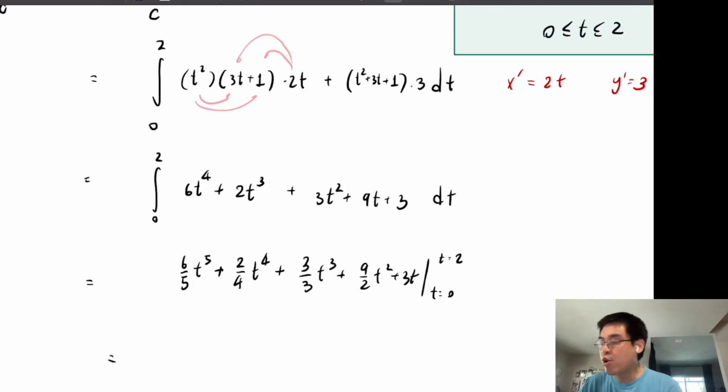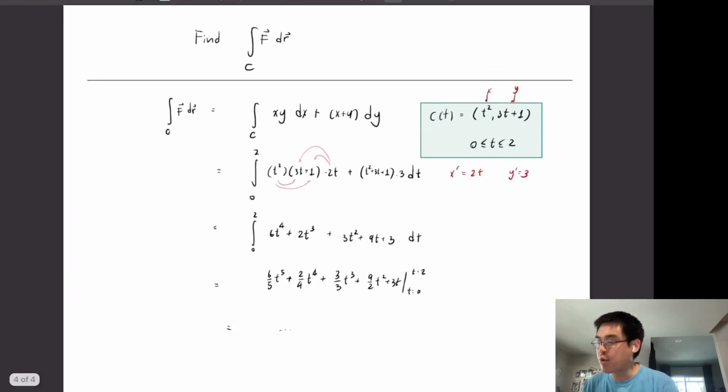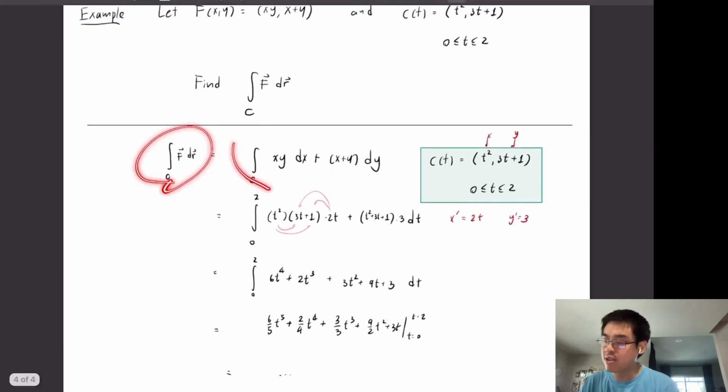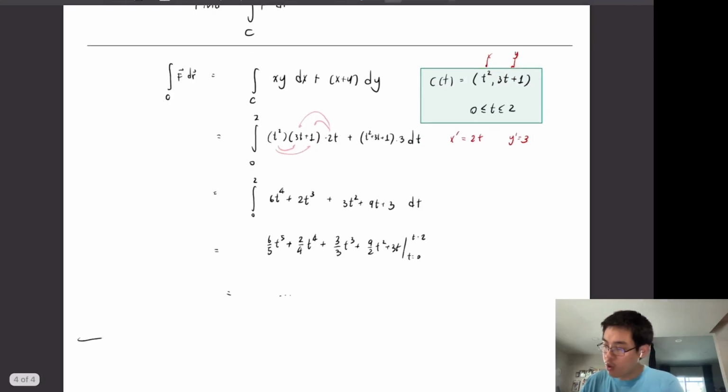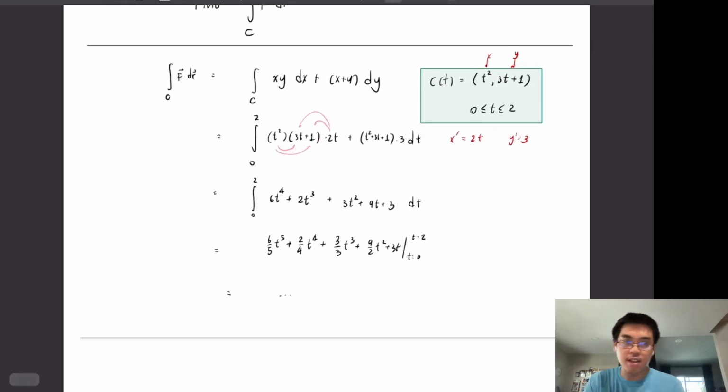You plug in 0, everything is gone, and you plug in 2. I will let you figure out the rest. I don't know the answer, but that's not the important part. The important part is how you translate this to this, and then you distribute the rest. So that is the dr part.